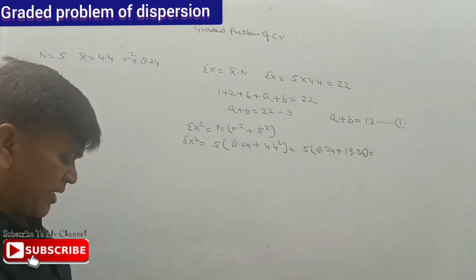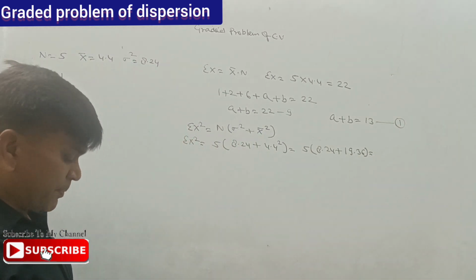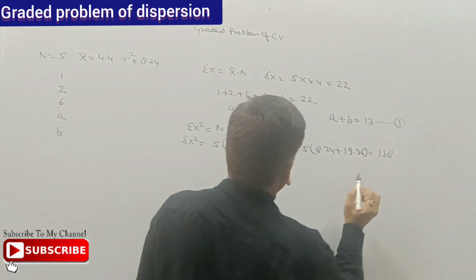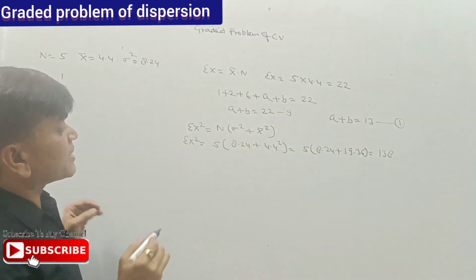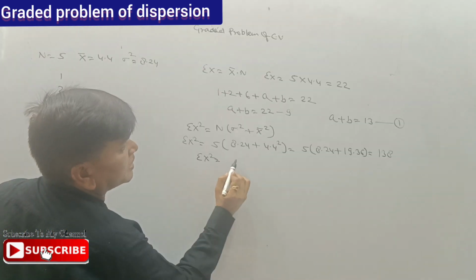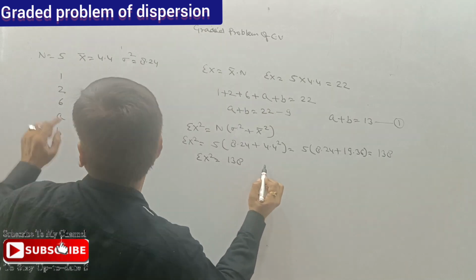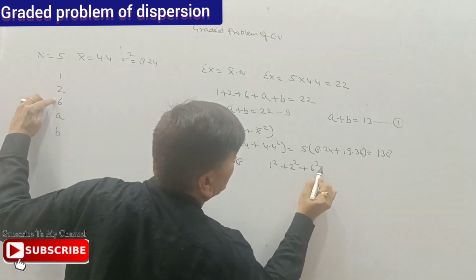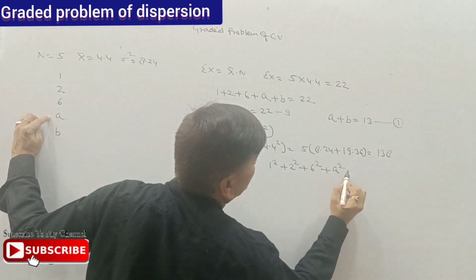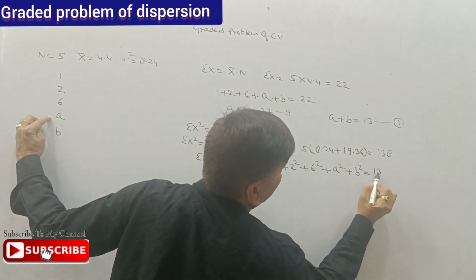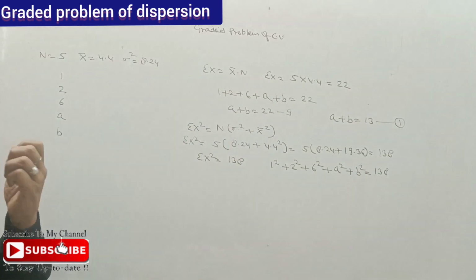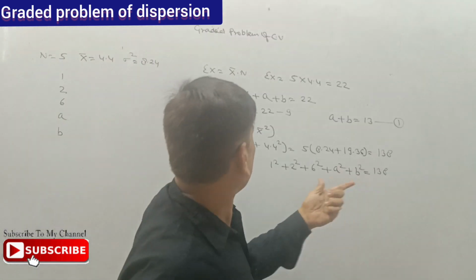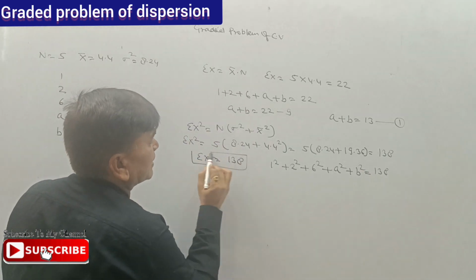So 19.36 plus 8.24 multiplied by 5, that is 138. So the value of sigma x square is equal to 138. It means 1 square plus 2 square plus 6 square plus a square plus b square is 138, because sigma x square is given as 138.